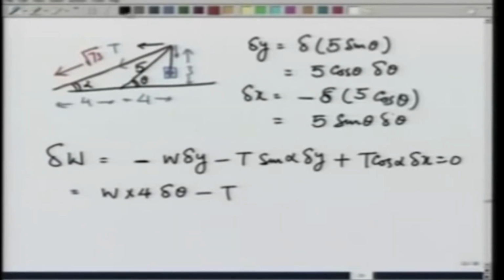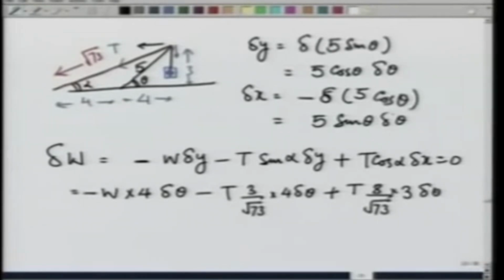So T times 3 over root 73 times 4 delta theta, plus, or this is a minus sign here, T cosine alpha is T times 8 over square root of 73, delta x is in the same direction, 5 sine theta is 3, 3 delta theta, is equal to 0.